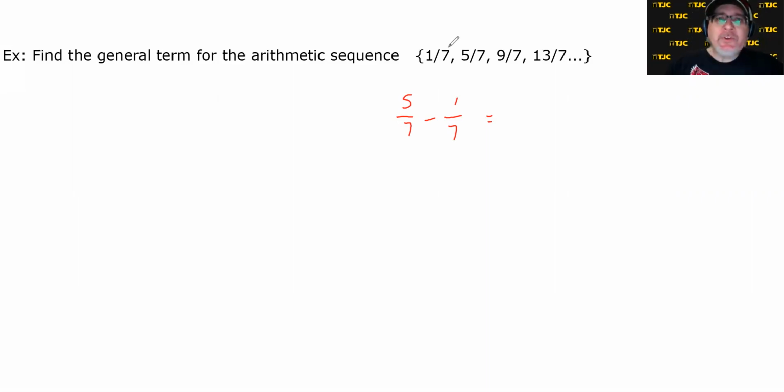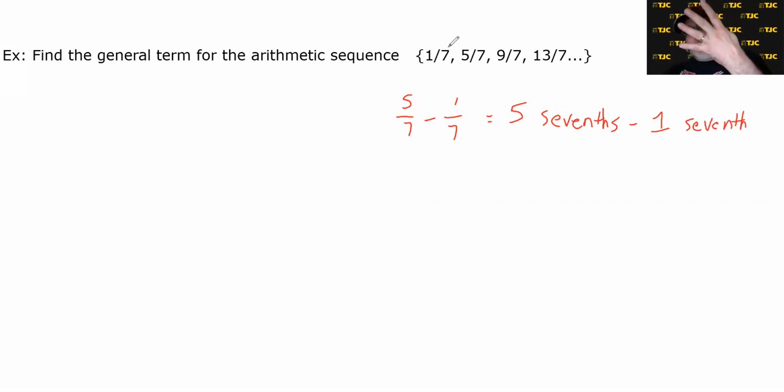The denominators are really units of measure, like feet or inches or pounds. It's just they're written numerically. You could write them in words, 5/7 minus 1/7. Now, you don't have to know what a seventh is, but you should know that if you have 5 of them and take away 1 of them, you have 4 of them.